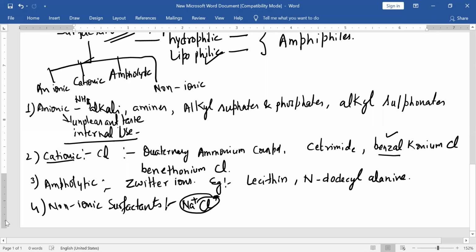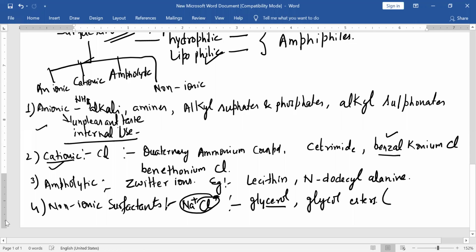They are pharmaceutically important. They are compatible with both anionic and cationic surfactants, and they are resistant to pH change. Examples are glycerol or glycol esters, and the best example is glyceryl monostearate.